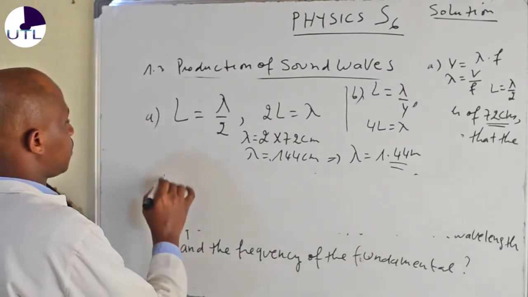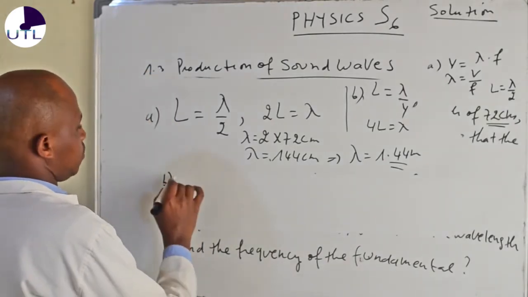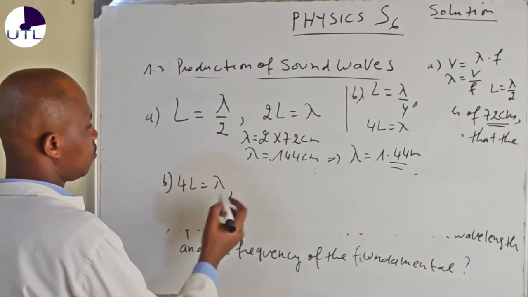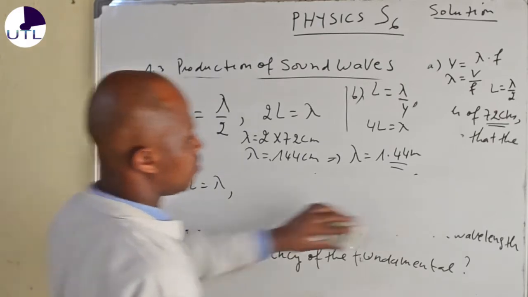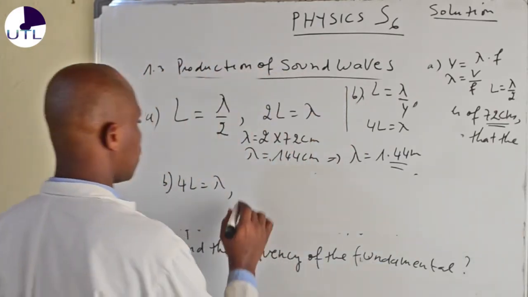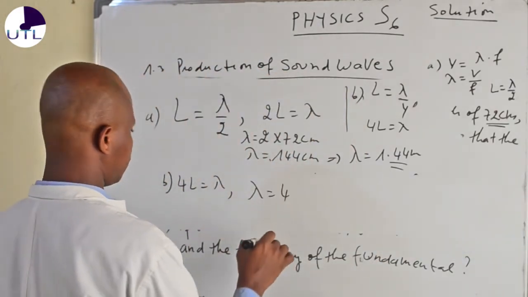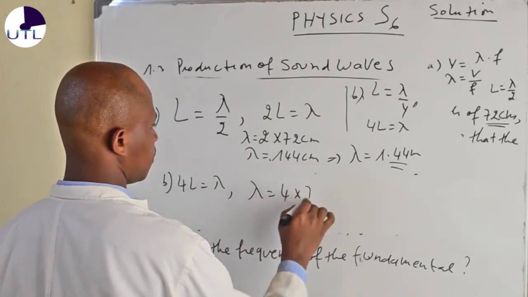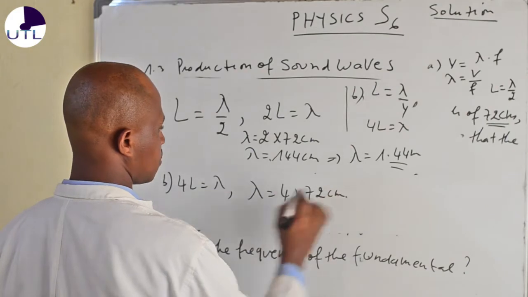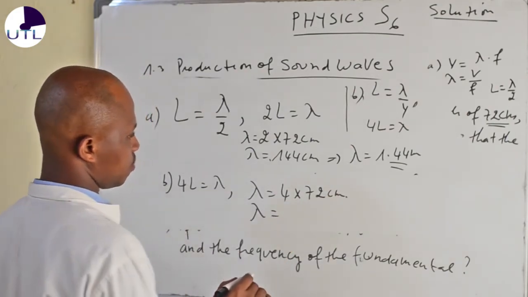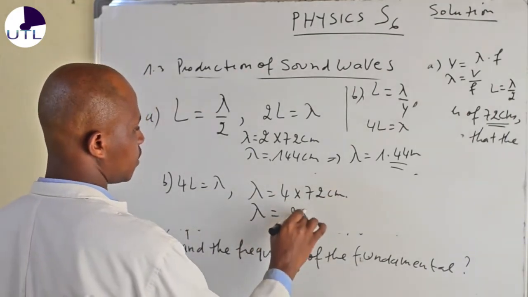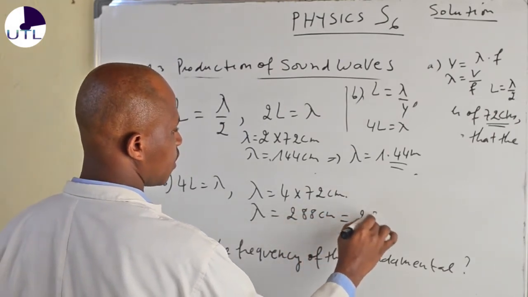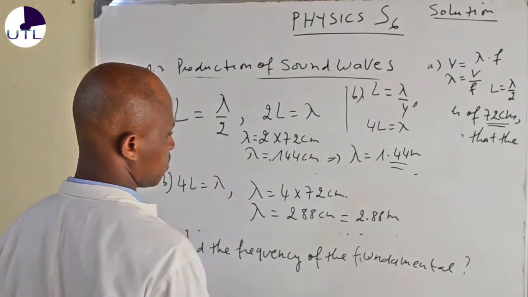So wavelength is equal to 4 times the length. Now the length still is the same, 72 centimeters. So the wavelength is equal to 4 times 72 centimeters, which is 288 centimeters, which is equal to 2.88 meters.